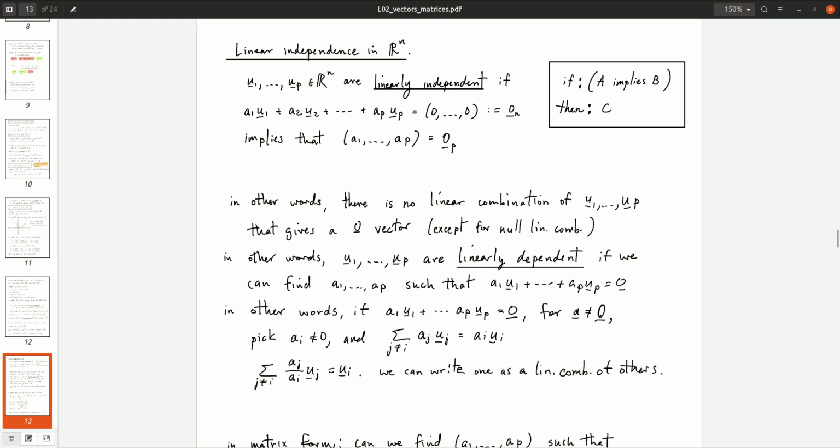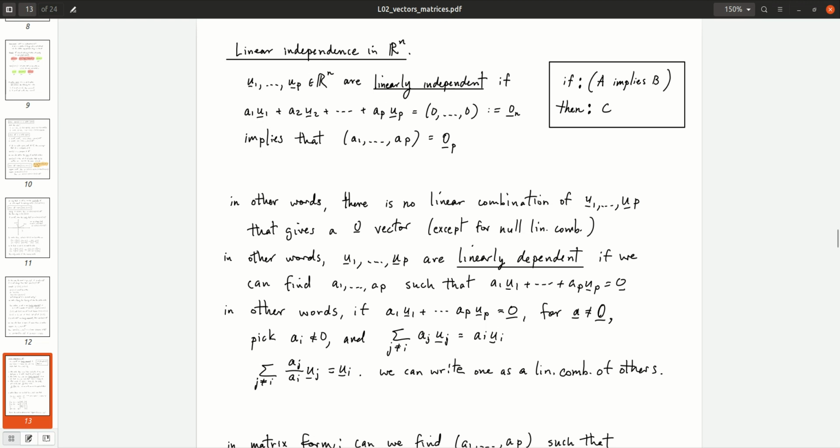I think the last one is maybe even more heuristically meaningful. So let's take this statement. If we can find such a linear combination that gives you the 0 vector for a set of coefficients that are not all 0, then let's just pick one of those coefficients that's not 0, call that ai, and add up the linear combination for all the j's that are not equal to i, and then move the ai to the other side.